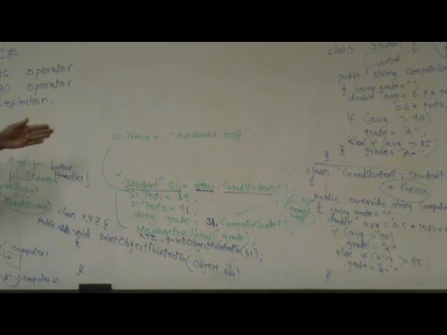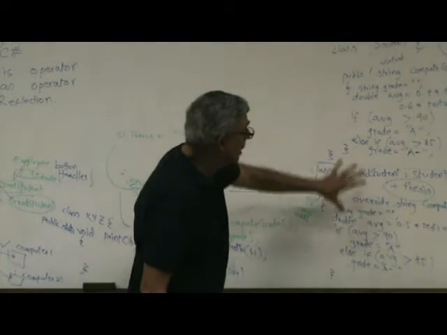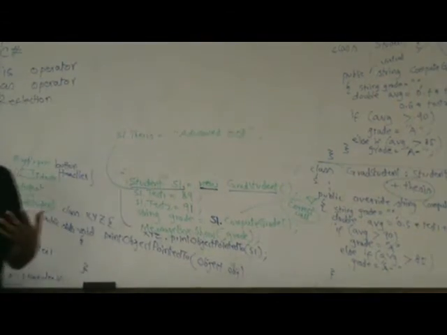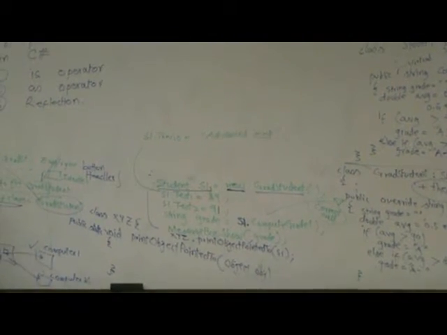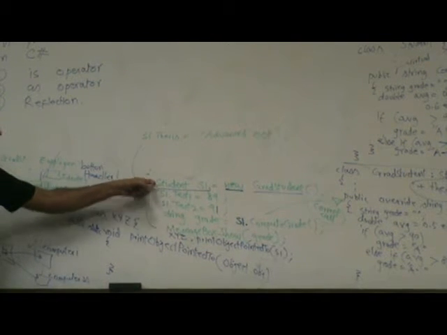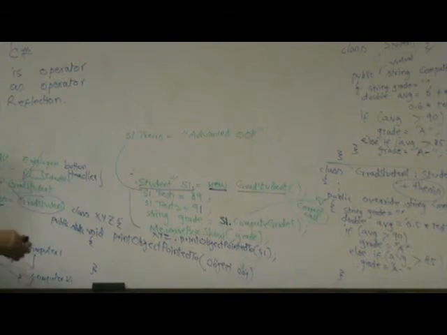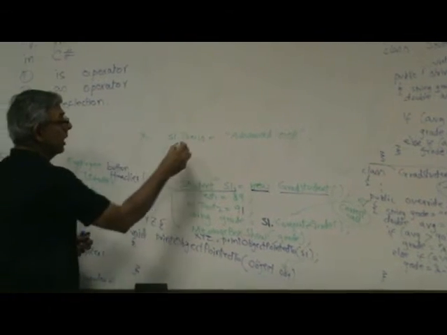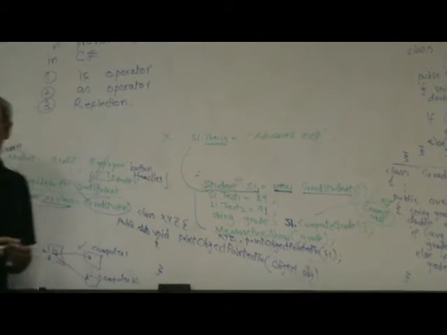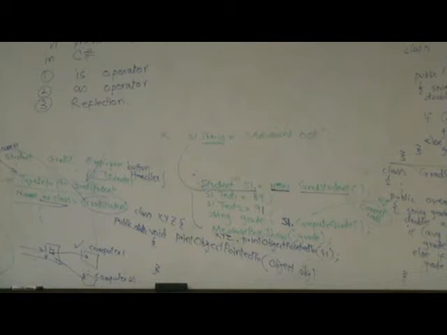Now if you go to the computer and type all of this code, pretend you've created the student class and grad student class, and in the form you put a button, and in the button handler you write this line, then you try to write this line, immediately you will see that thesis is not being recognized. Why? See, compiler.